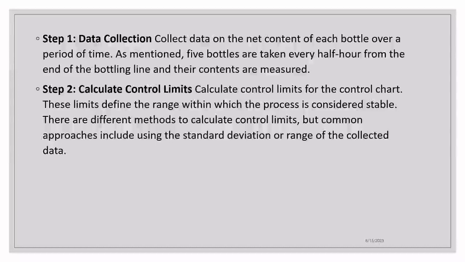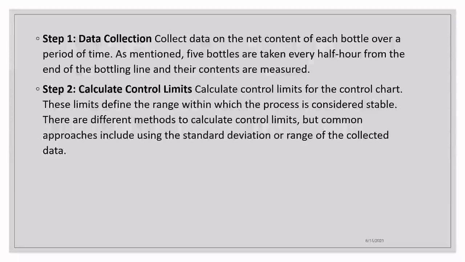Calculate the control limits. Now we have data. Based on that, first of all, you are going to decide the upper control level and lower control levels for the R chart and X bar chart, right? Mean chart and range chart.